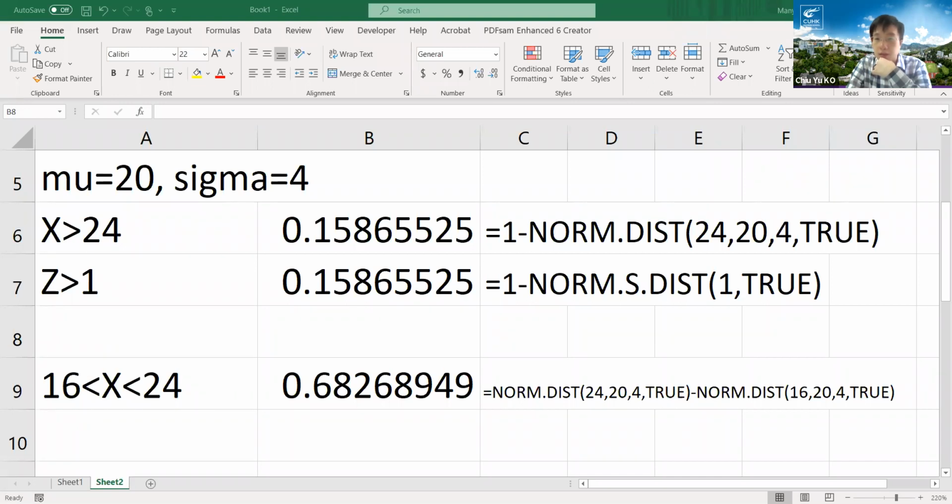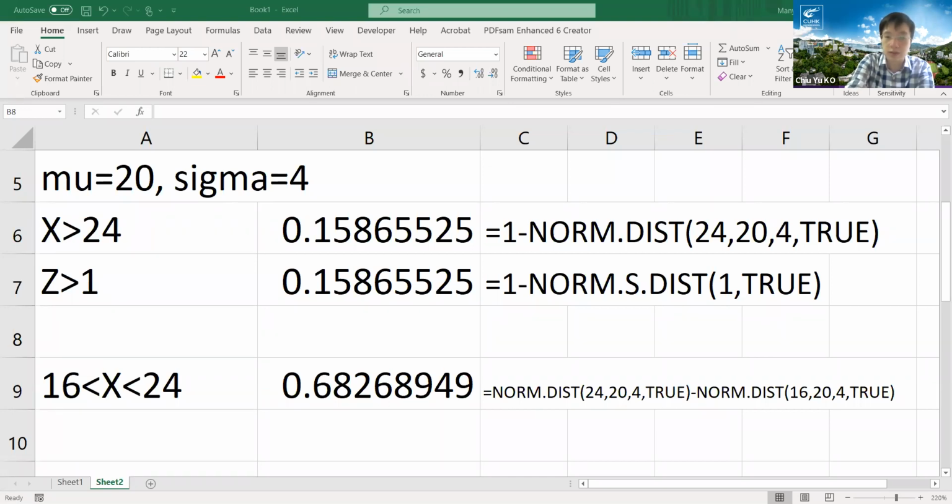When you calculate smaller than, the cumulative is smaller, so we don't need to subtract from one. When it is more than, then you subtract. Just reverse. Larger than, you take 1 minus.